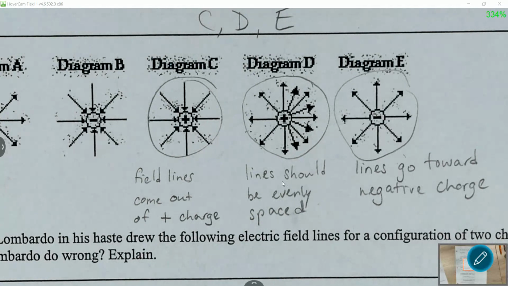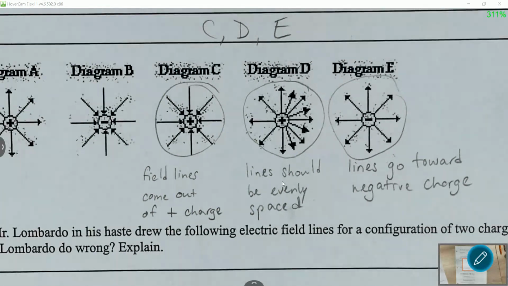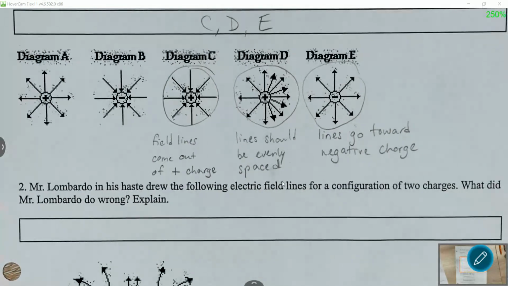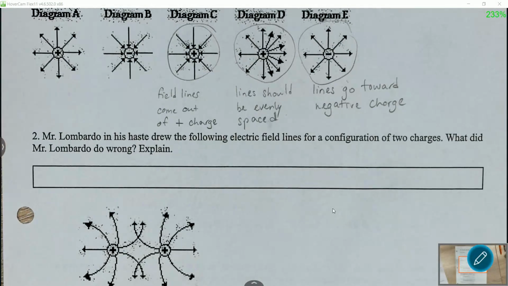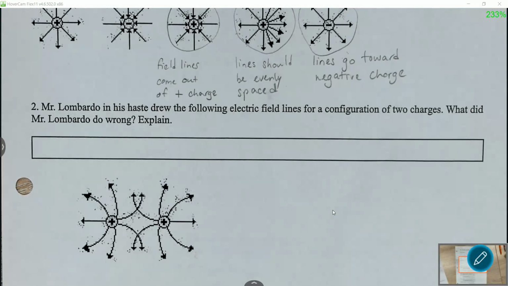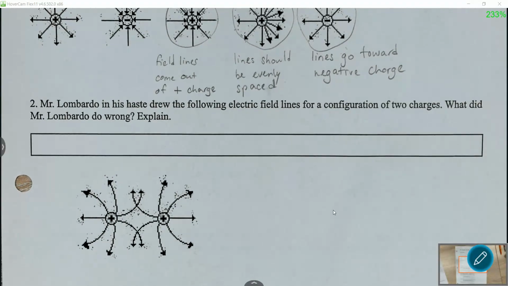In this one, Mr. Lombardo, in his haste, drew the following electric field lines for a configuration of two charges. What did I do wrong? I mentioned it briefly. So think of it almost like this: positive charges do what to each other?